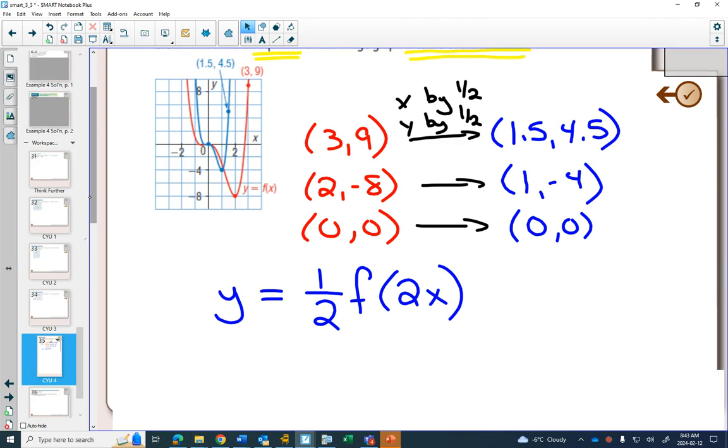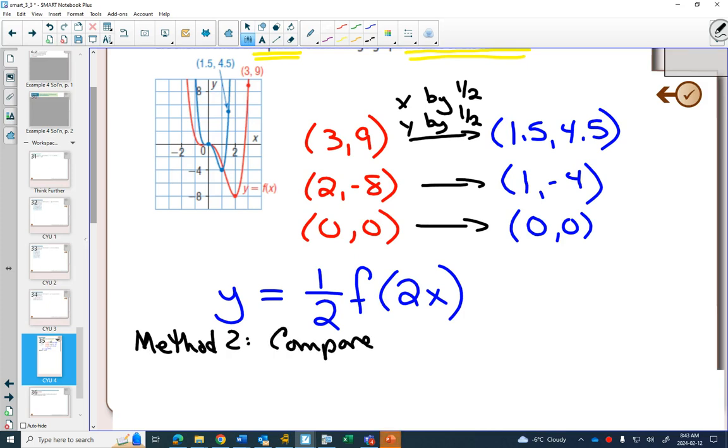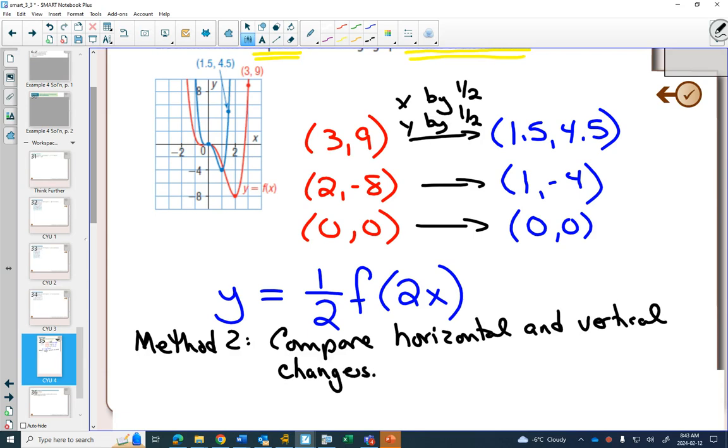So a secondary technique or method, which I'll title compare, is comparing horizontal and vertical changes.